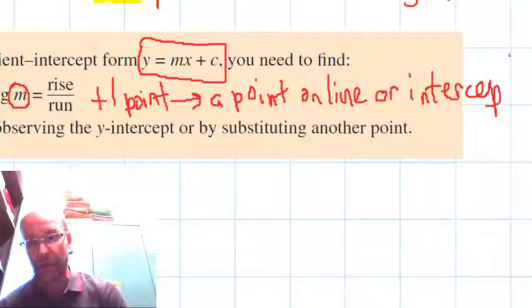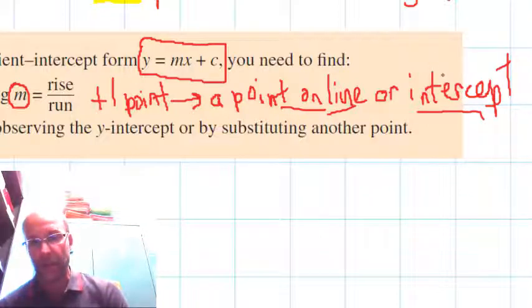An intercept is a point, and of course it's on the line. So it'll either be just some random point that is on the line, or it's the intercept, the x or the y intercept. It's more handy if it's the y-intercept.